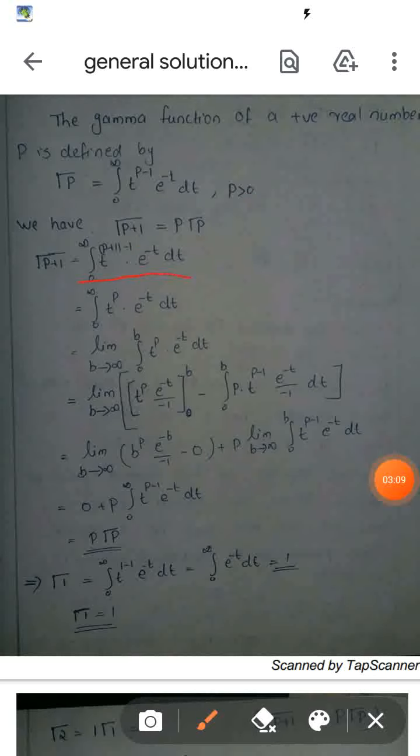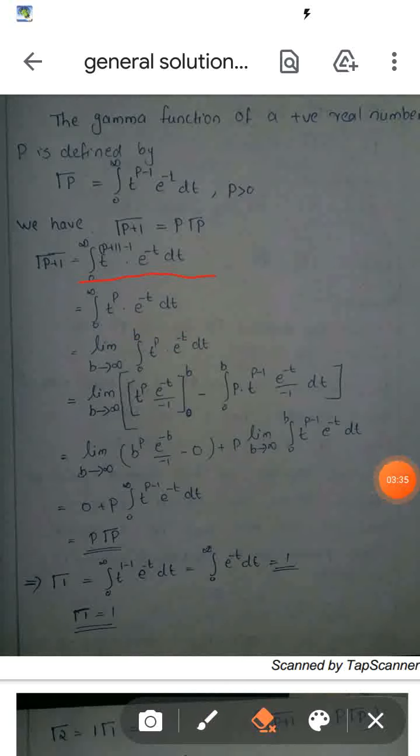And solving this, we get integral 0 to infinity t raised to p into e raised to minus t dt, which is equal to limit b tends to infinity integral 0 to b t raised to p into e raised to minus t dt.